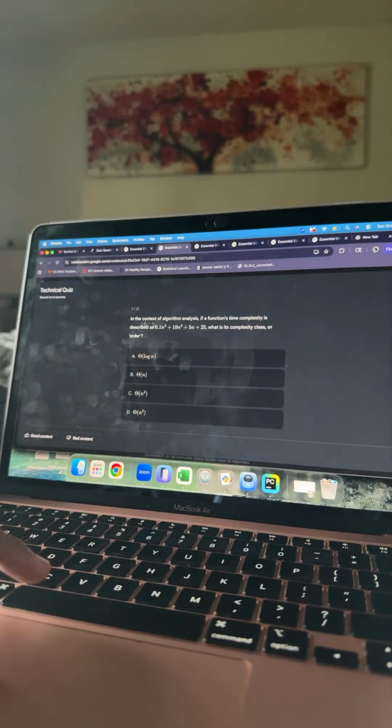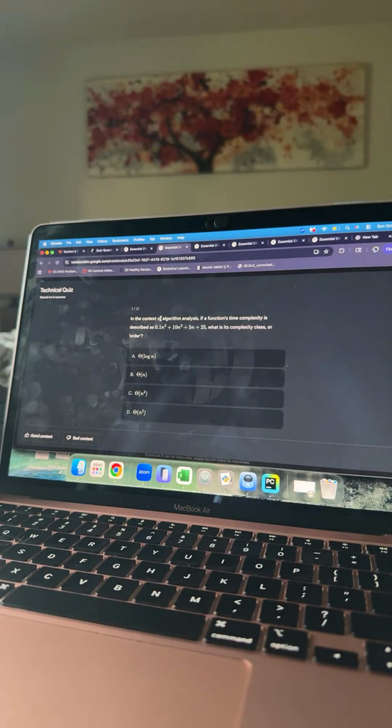Okay. So in the context of algorithm analysis, if a function's time complexity is described as big O, whatever that is, what is its complexity class or order? What is that supposed to mean?